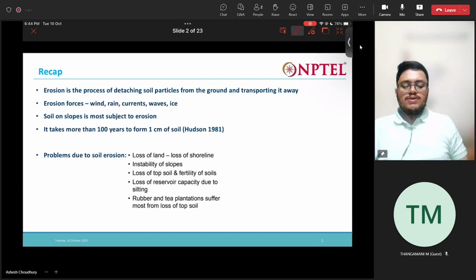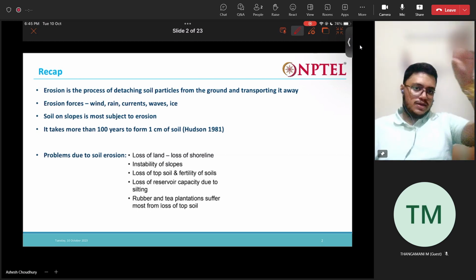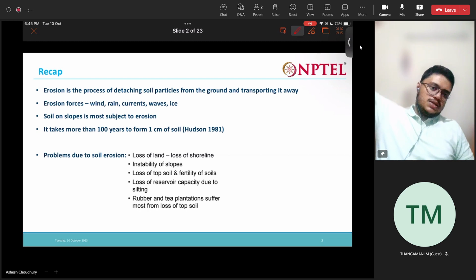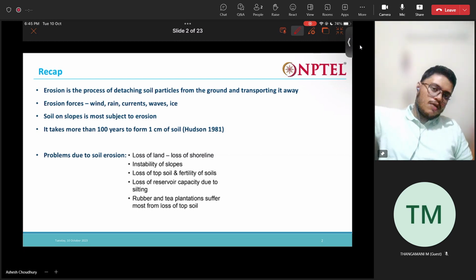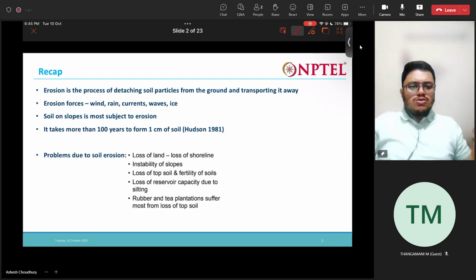Okay, mostly this happens in hilly regions. I mean rivers originating from glaciers. What happens initially? The river is very fast, right? The velocity of the river is very fast when it is up in the mountainous region, so it carries all the silt, all the soil from the surrounding banks with it.